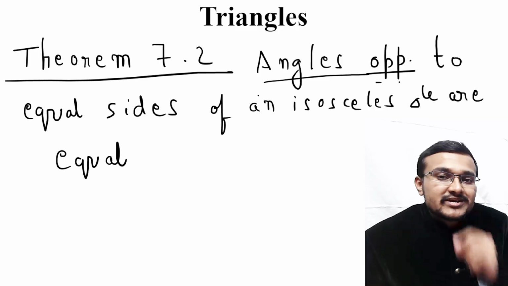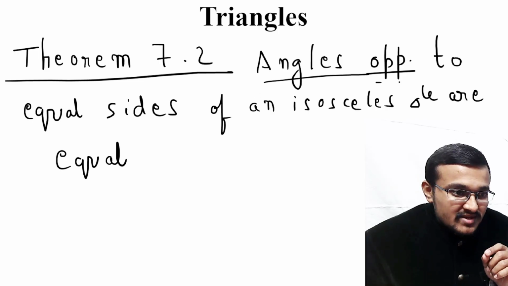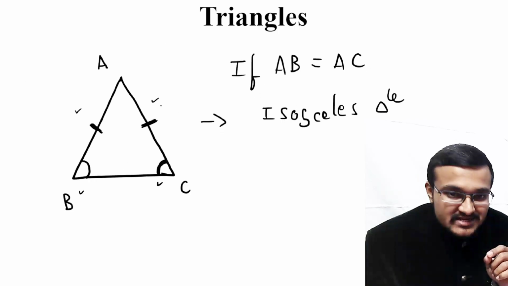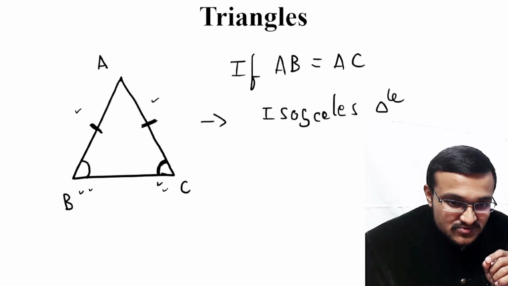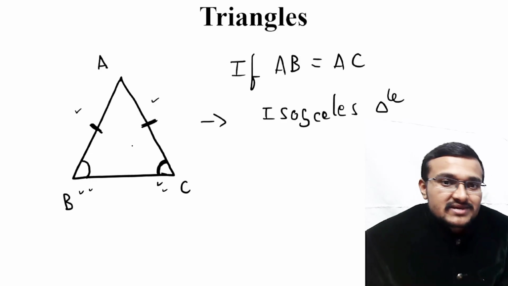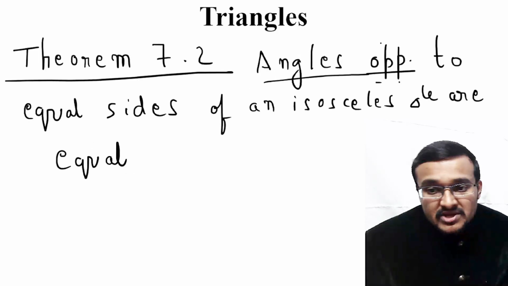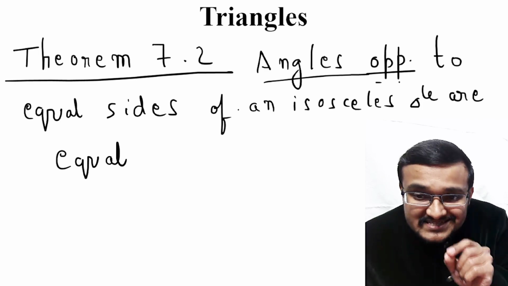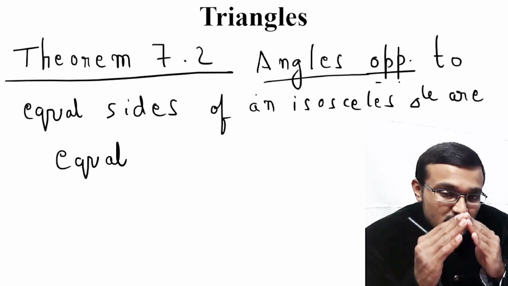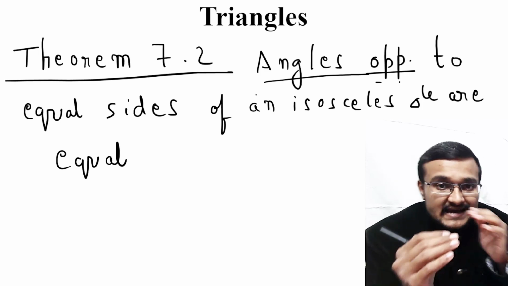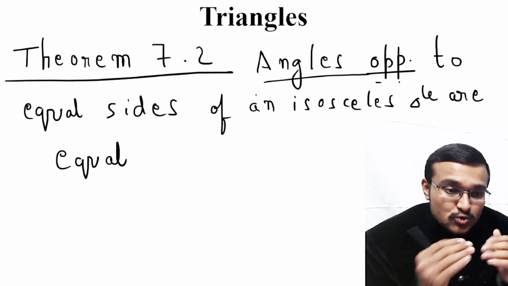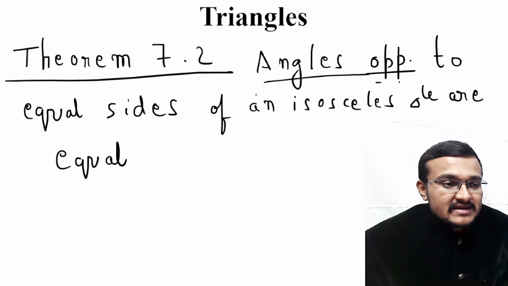Angles opposite to equal sides. So here these are the two equal sides and these are the two angles which are opposite to those two equal sides respectively. So in this isosceles triangle, if you are considering the opposite angles of the two equal sides, then those two angles will also be equal.